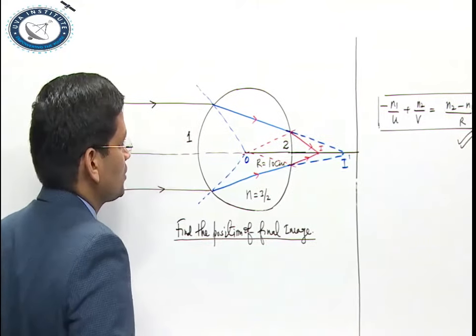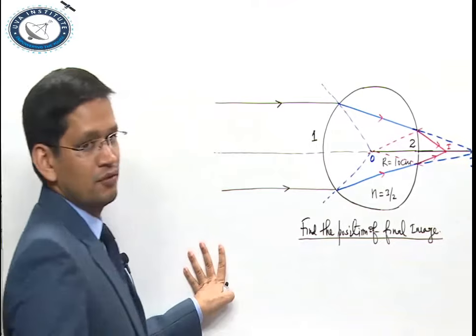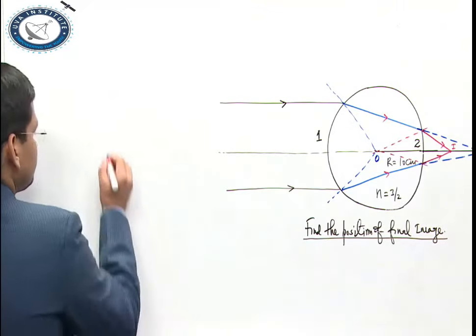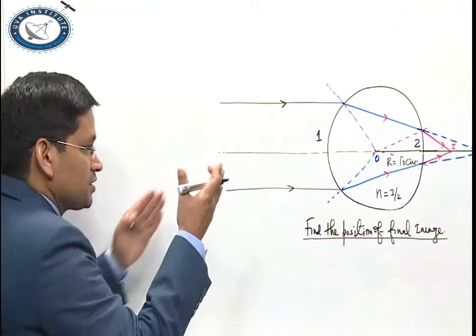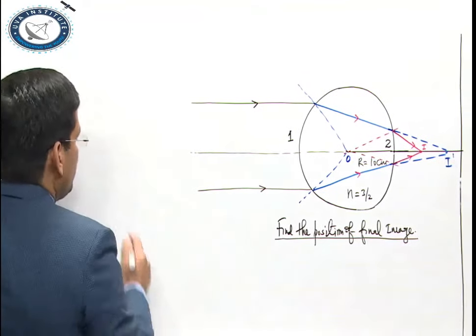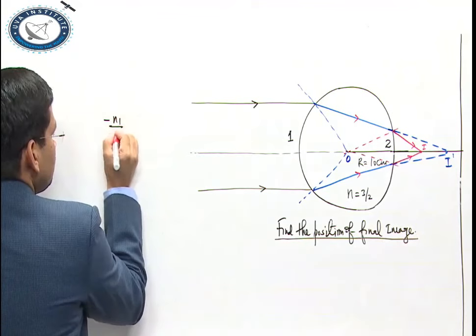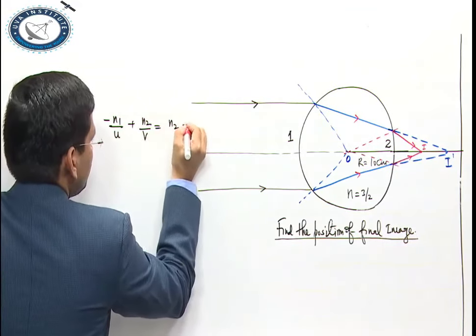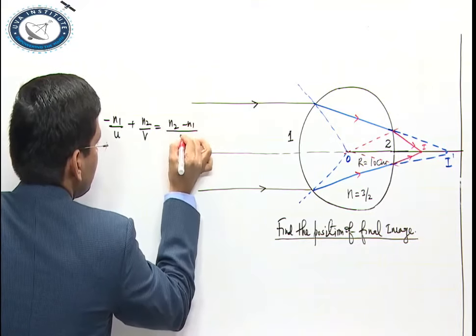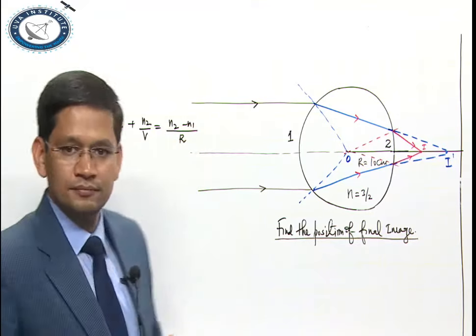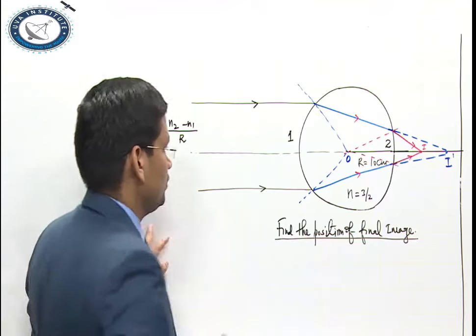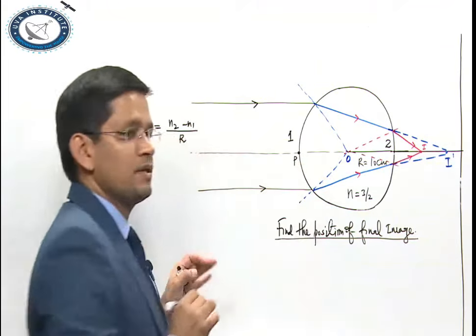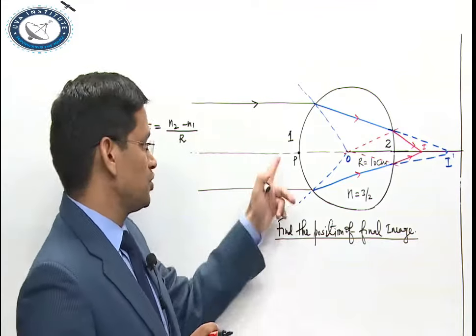Let's try to understand this for the first refracting surface. Applying the same formula to the first refracting surface, we use minus n1 by u plus n2 by v is equal to n2 minus n1 by R. In this situation, the distance will be measured from this point P, where the light first falls.